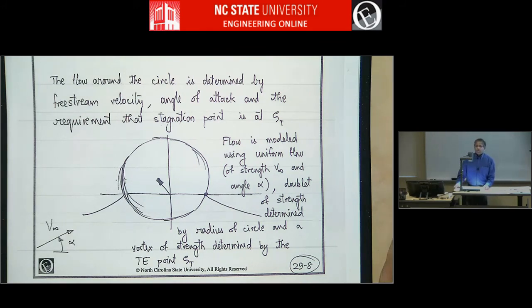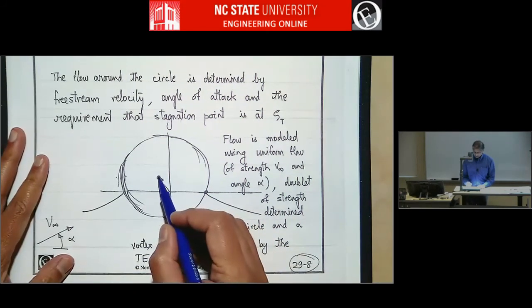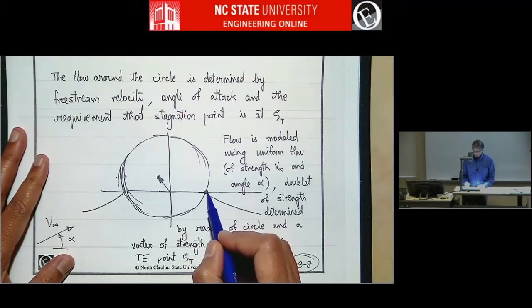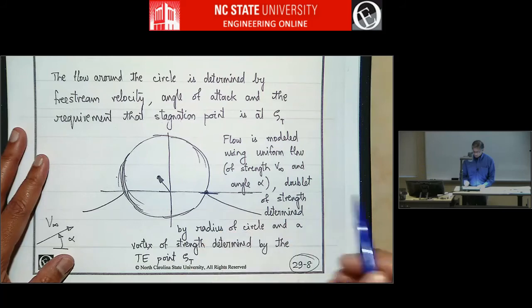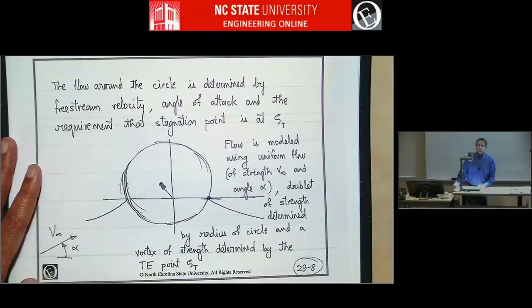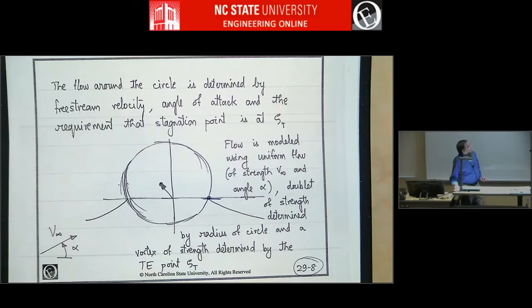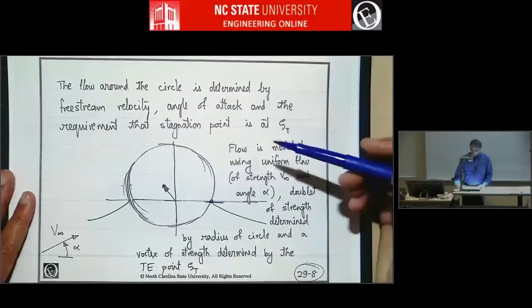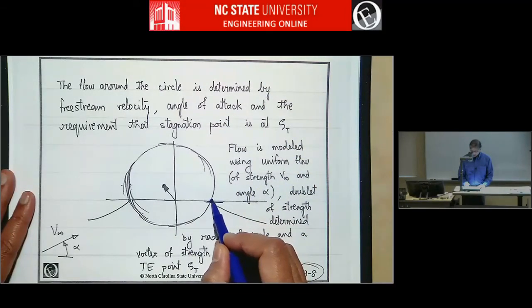Okay, so we have the equation for a circle, and the circle is such that the center is at some point here, and the point where the circle intersects the horizontal axis becomes the trailing edge. So the flow around the circle is determined by free stream velocity, angle of attack, and the requirement that this becomes a stagnation point.